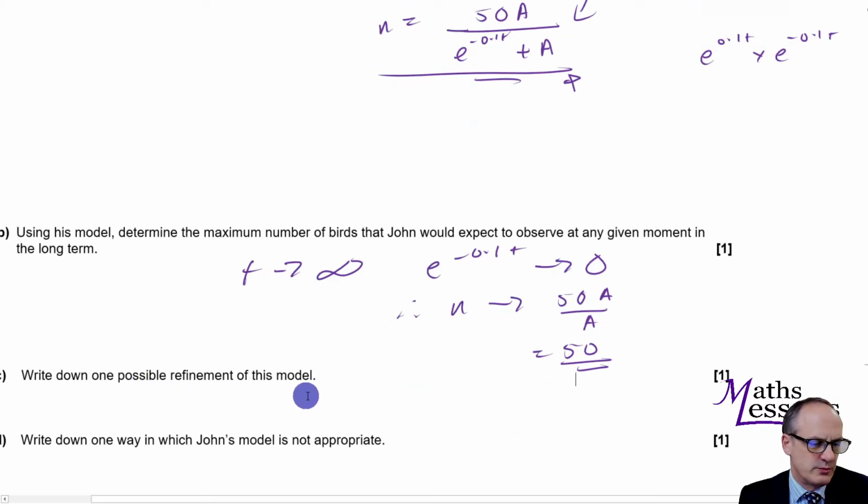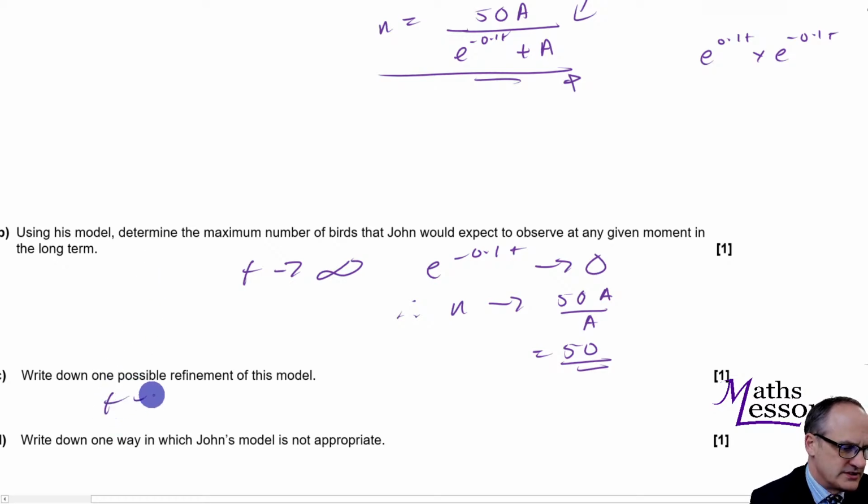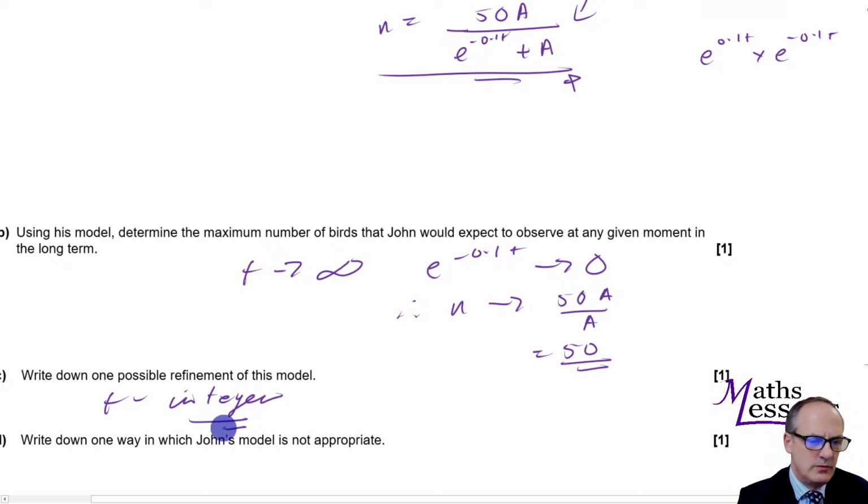Write down one possible refinement of this model. So one of the problems is that in this model t is continuous. So therefore we could make t an integer. Okay, we might want to say that t is an integer. We also could consider all species of birds in one go, so we might separate out species.